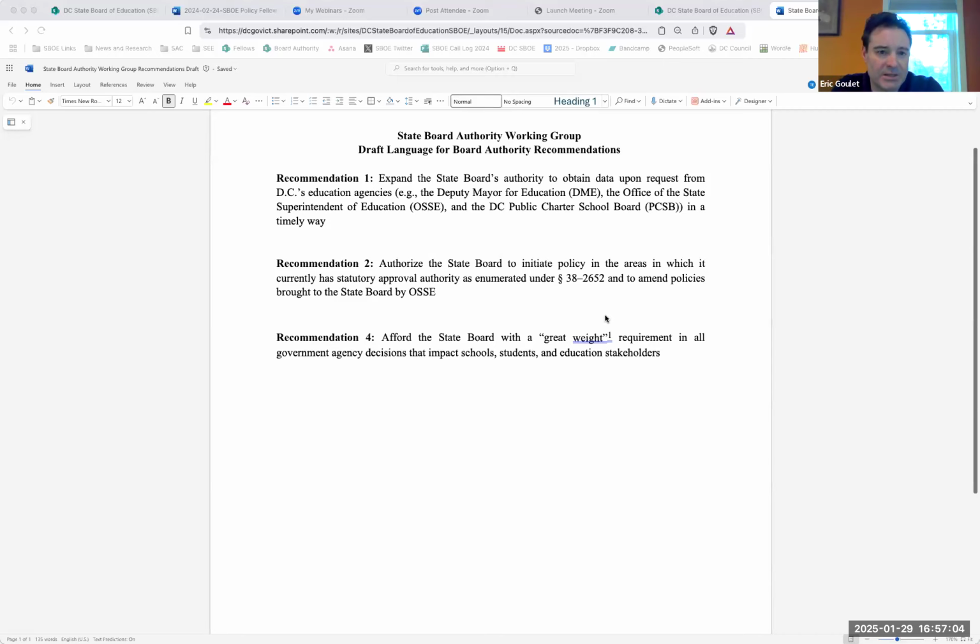And I think this is, was it a problem in search of a solution or a solution in search of a problem? I don't really think this is a real problem. And I think we've got the power already to collaborate with OSSI. If we really feel the need we're being disrespected, we could send a bill to council.